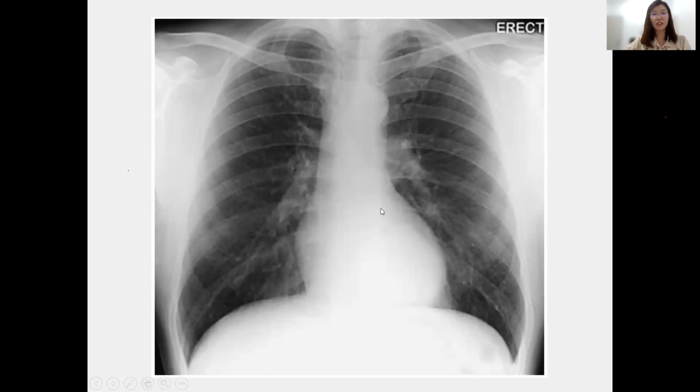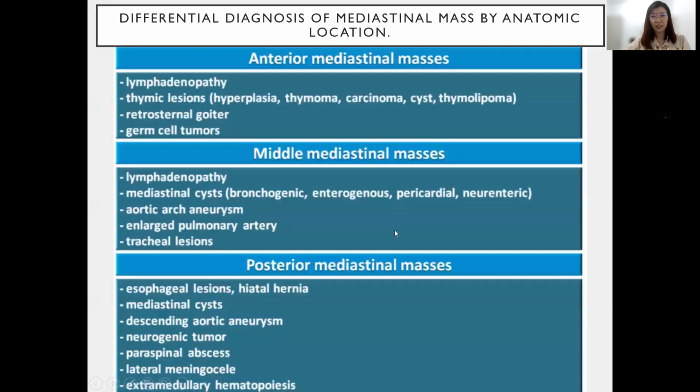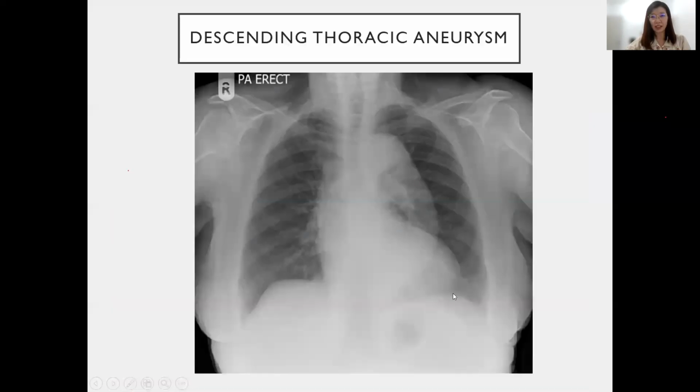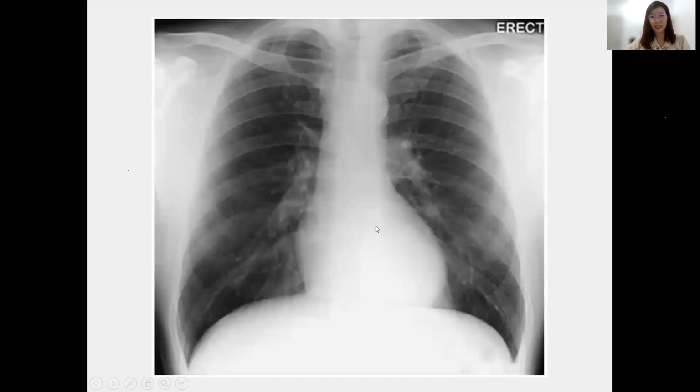So always look at the retrocardiac area. Not sure, right? You see this heart shadow is a bit dense compared to the other X-ray. Let me show again. You can see this heart is less dense, but here a mass is obscuring it, and this is very dense. You can see this lesion.